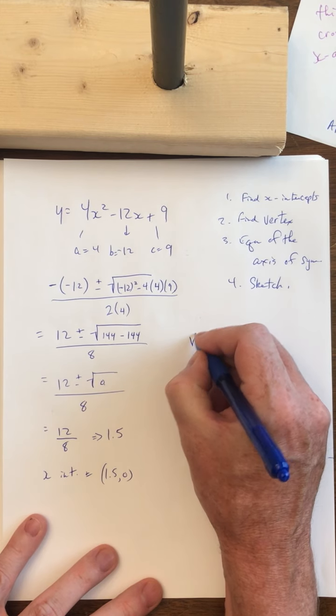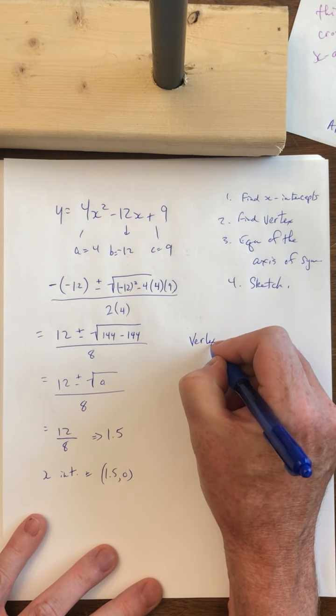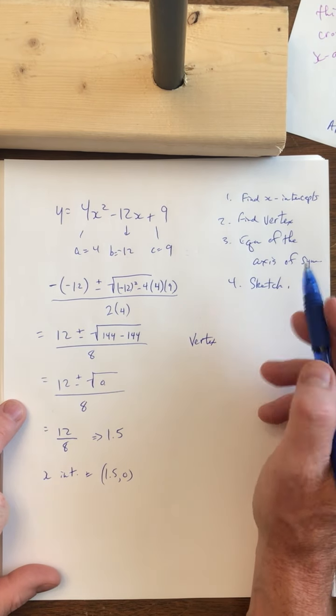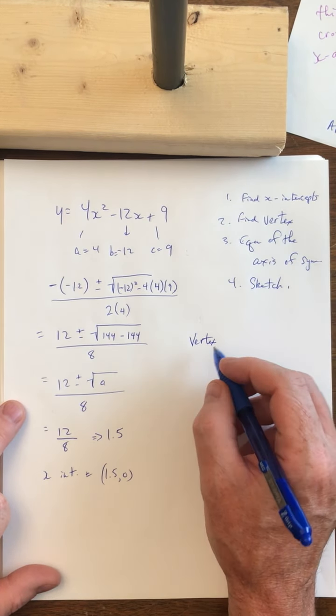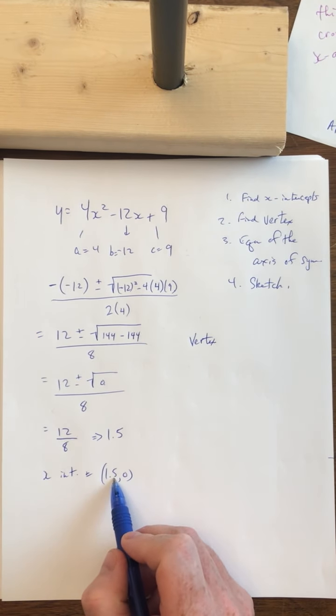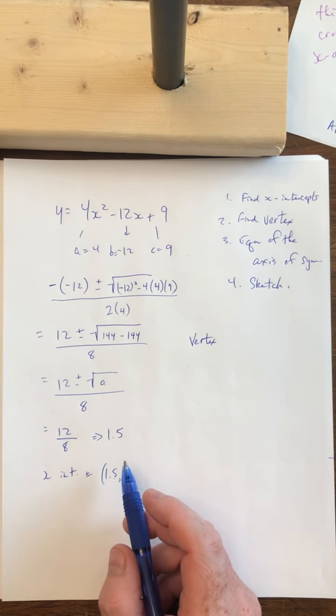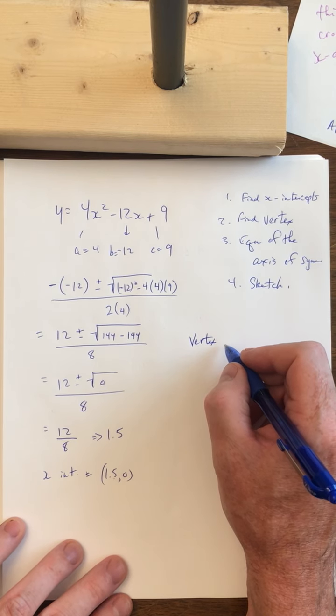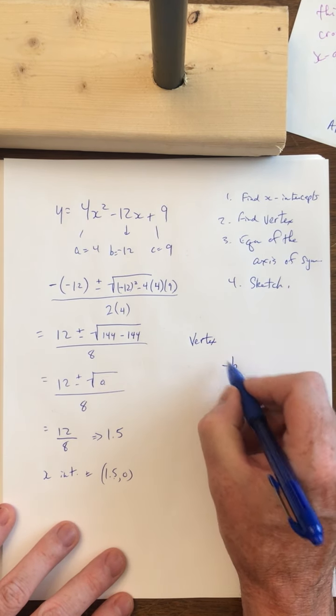Our vertex. I guess actually we figured that out. So our vertex is at 1.5. We can use our formula for that. Let's try this out.